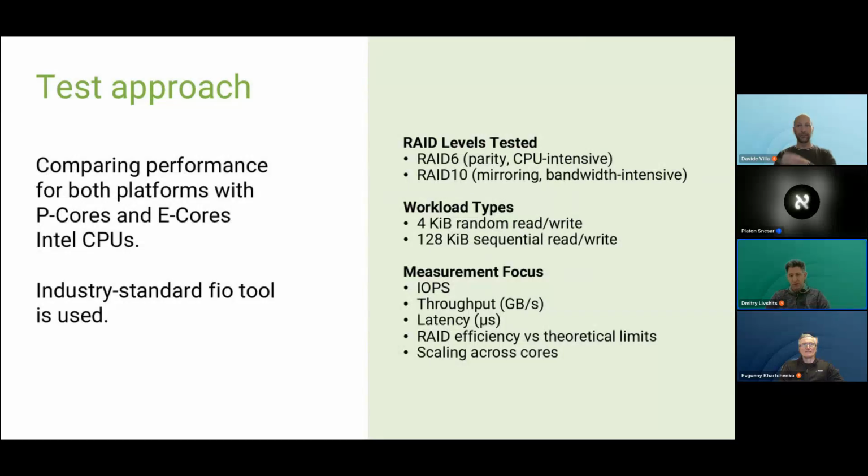First of all, look at our test approach. As I said, our test approach was focused on two different RAID protection levels, RAID 6 and RAID 10. RAID 6 is especially important in modern AI workloads when you are looking at checkpointing.